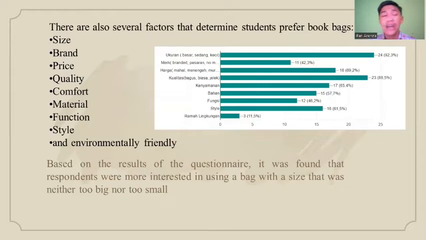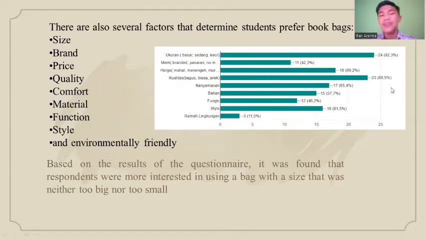Next, we show that there are also several factors that determine the bags students prefer, for example size, brand, price, quality, comfort, material, function, style, and others. Based on the data, size is the most important factor that determines which bags students prefer. Size has 92.3%, so of course the respondents choose the bag by its size. Next come brand, price, quality, comfort, material, function, and others.